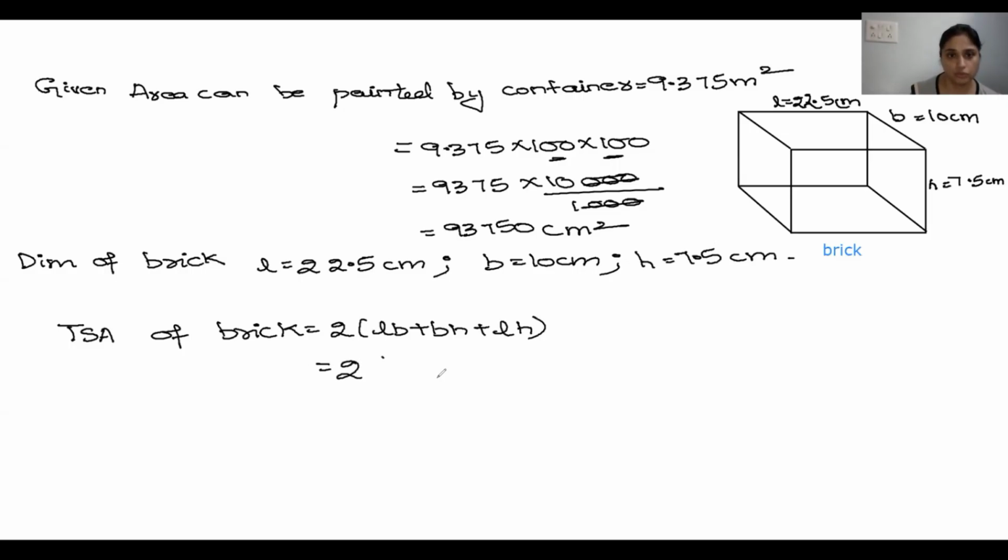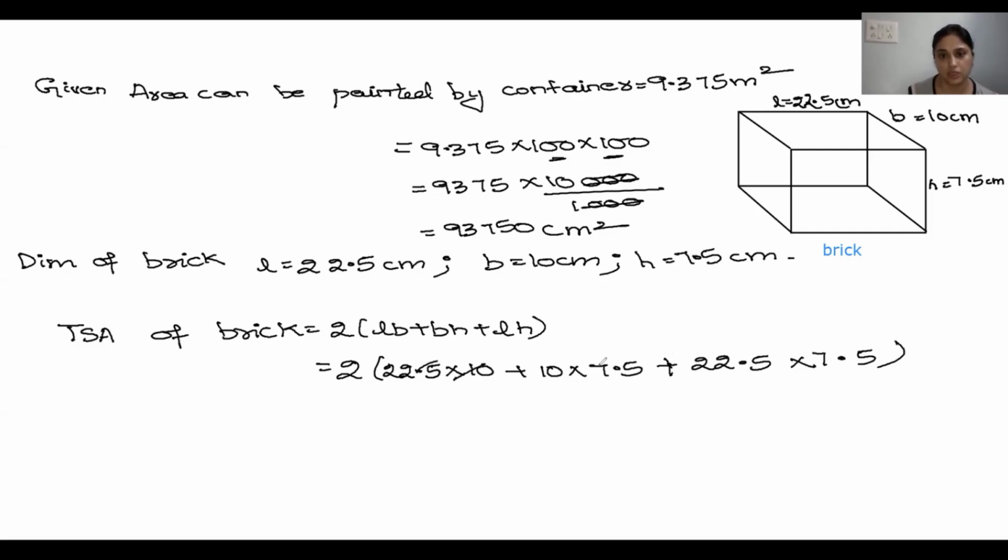So this is 22.5 into 10 plus 10 into 7.5 plus L is 22.5 into H, which is 7.5. So आप देखेंगे ये वाला 10 इस डेसिमल को खत्म कर देगा, ये वाला 10 इस वाले डेसिमल को खत्म कर देगा. So we will be left with 225 plus 75, right?